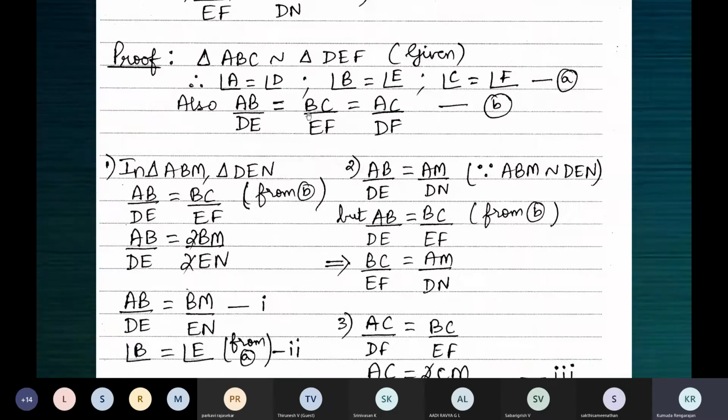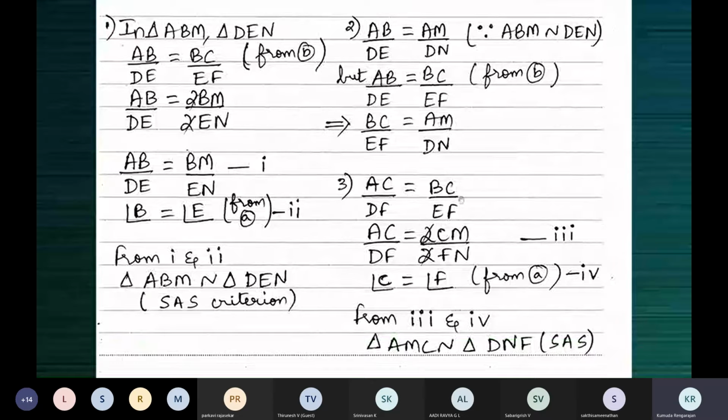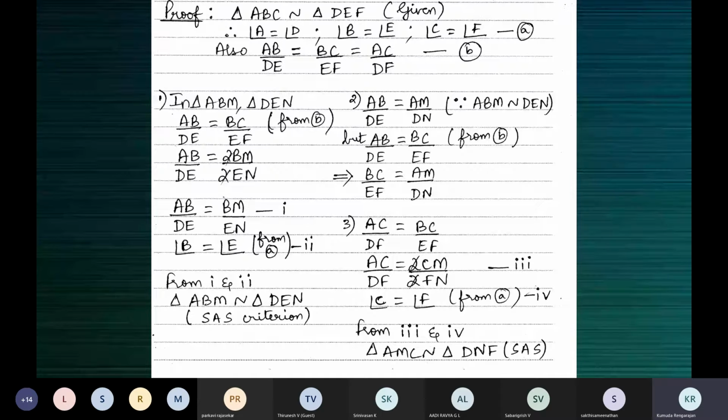I repeated the same procedure. I didn't want to use a different one. Now I'll be sharing the other ways by which you can prove that these two triangles are similar. Because if I write a different way here, it may be misleading. So I use a similar procedure. I'll tell you the other ways of proving that they're similar.